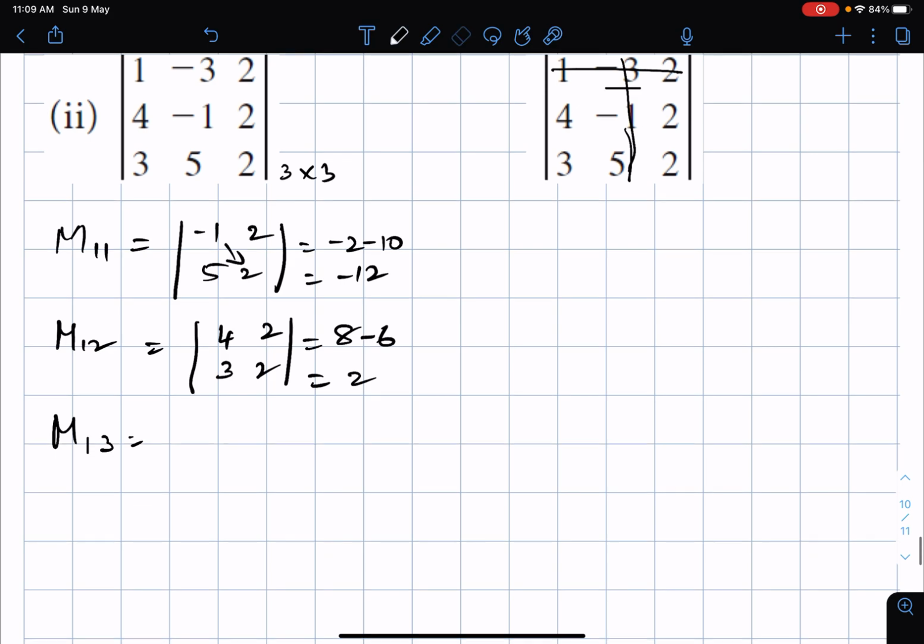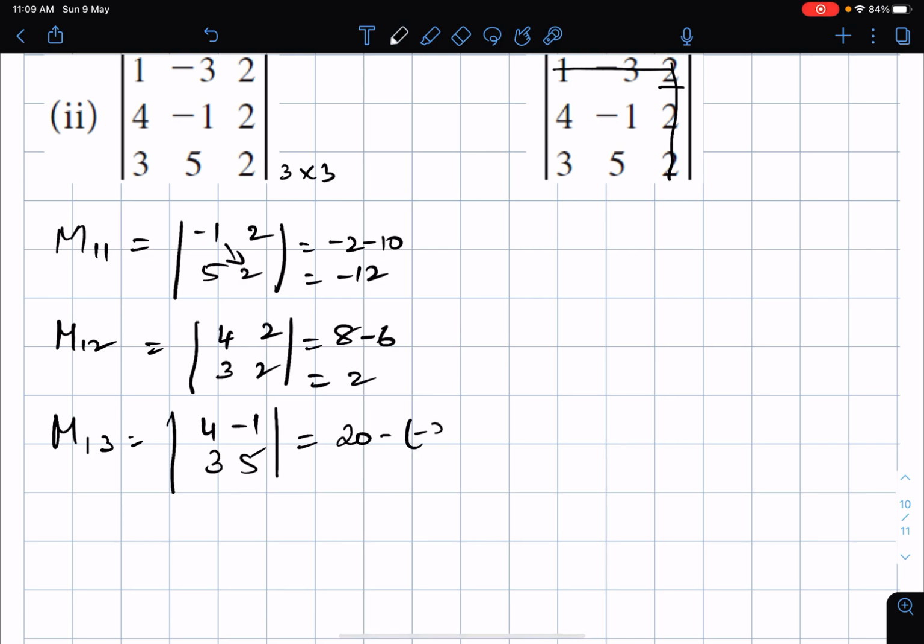The corresponding element is the third element, 2. You cancel out the corresponding column and row, and your determinant is going to be 4, minus 1, 3 and 5. The answer is 20, and minus of minus 3 gives plus 3. So when you add, it is 23.